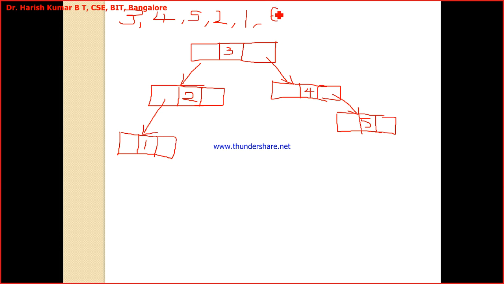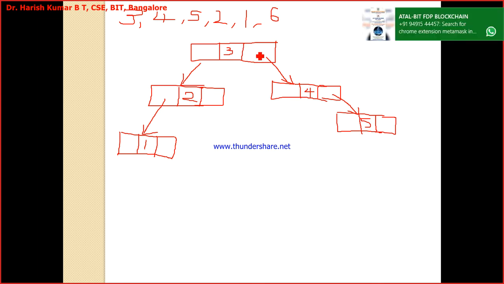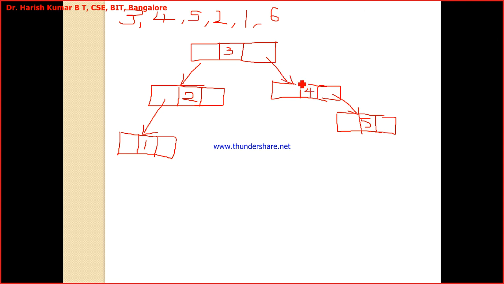Next I take the next symbol 6. So 6 is compared with 3. It is bigger. 6 is bigger than 3. Now I understood I have to travel along the right subtree of 3. Now when I look into this field, this is not empty. The right subtree already exists. I travel here, and then again I compare 6 with 4. 6 is greater than 4. I check whether the right subtree for this node exists.